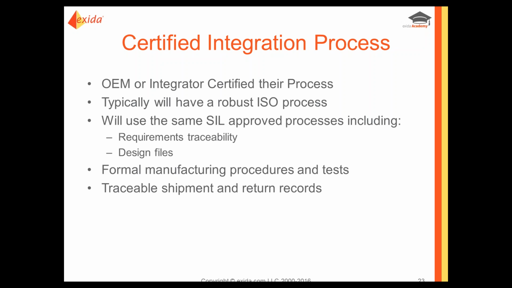Companies building valves or actuators and doing integration do that. They also have formal manufacturing procedures and tests, and traceable shipment and return records. So they've got 95% of what they need to do covered by their basic product certification.